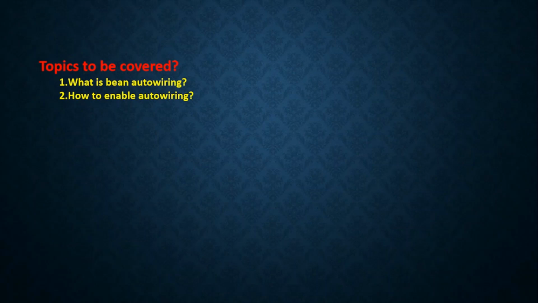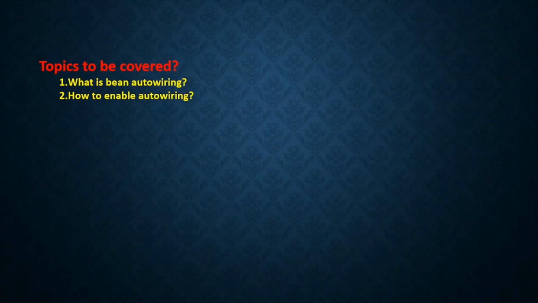Here we are going to learn what bean auto-wiring is and how we are going to enable it. What is happening when we write the configuration file, what does it mean, what is the upgrade, and how we are going to work with auto-wiring.